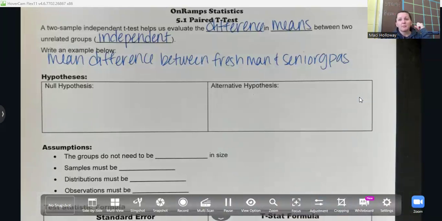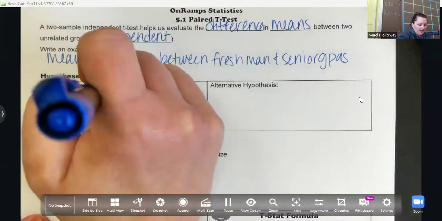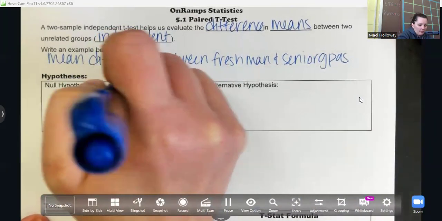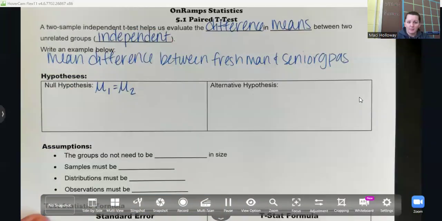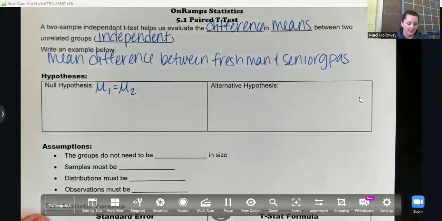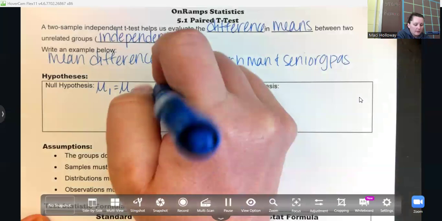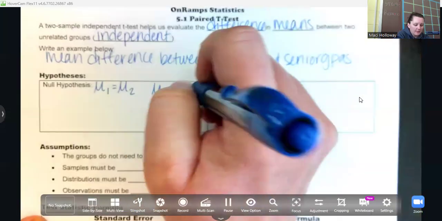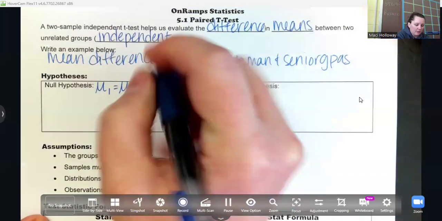If I'm thinking about difference in means, my null hypothesis would always be that there's not a difference. So that would be that their means, or their averages, are equal. The null hypothesis would be that the average from one group would be equal to the average from the other group. Remember, mu is mean. Or that their difference in means would equal 0.